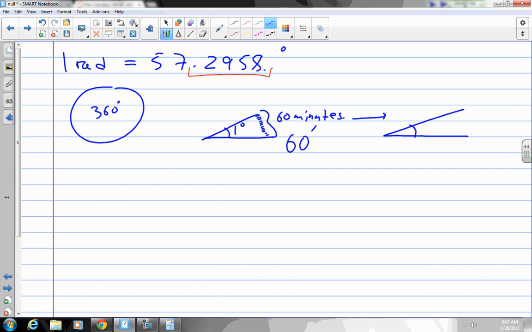Actually, that is called the minute symbol. Now, how do you think we dissect a minute? A minute has 60 what? Yeah, seconds. So that's 60 of those. That's the second notation, a double prime.